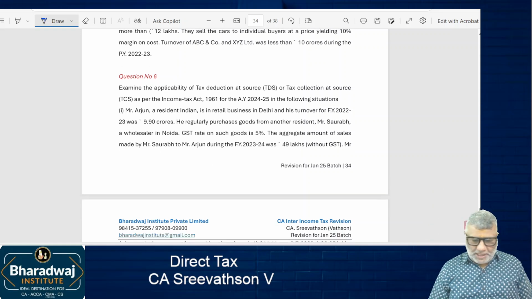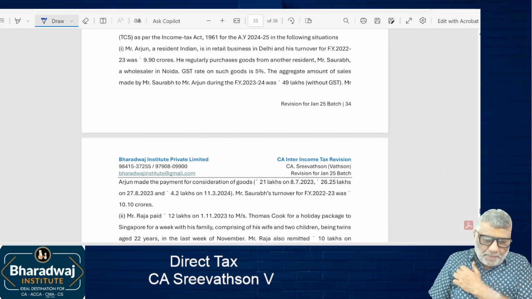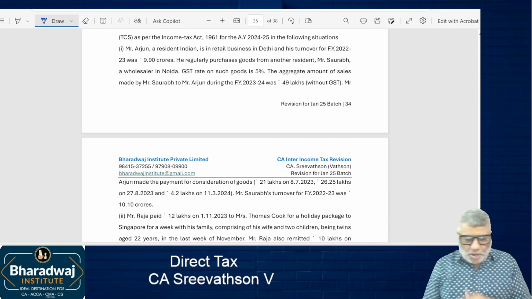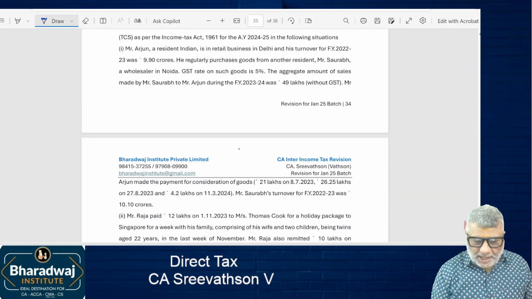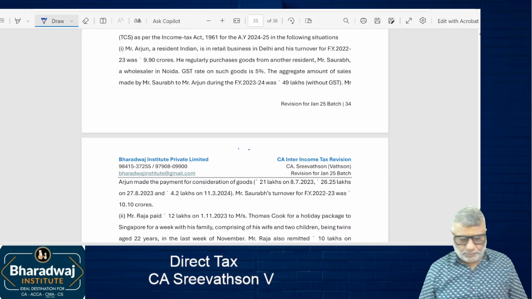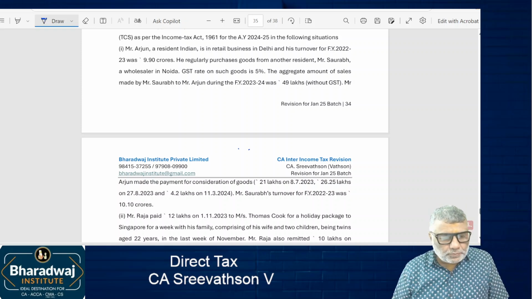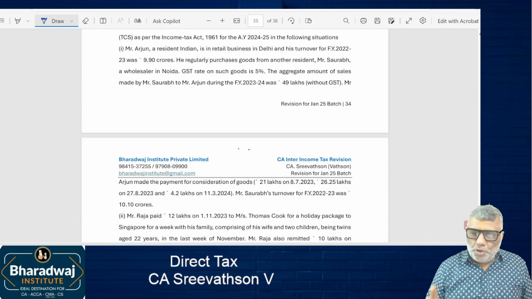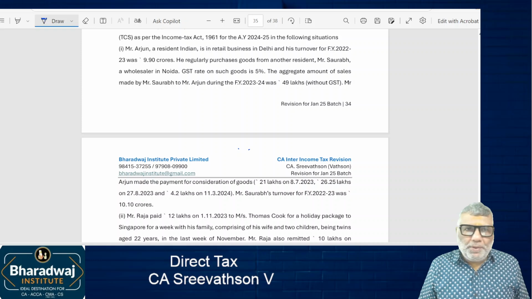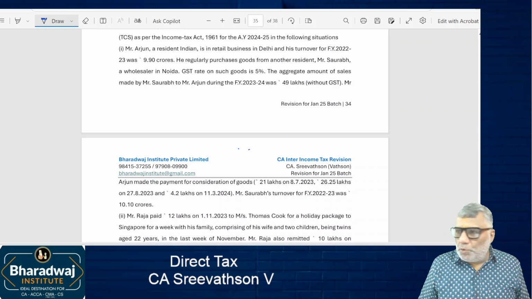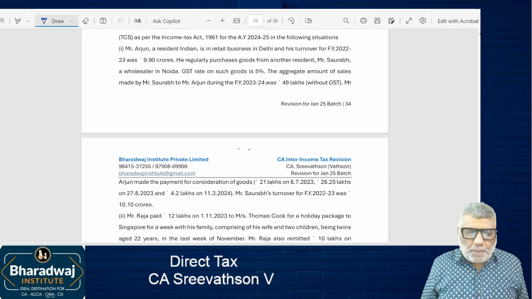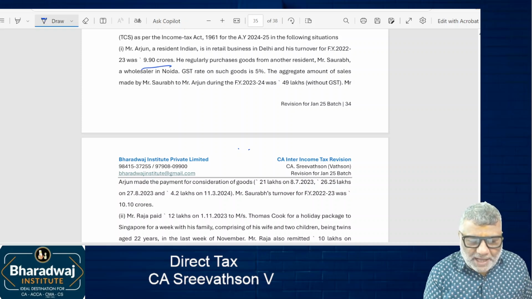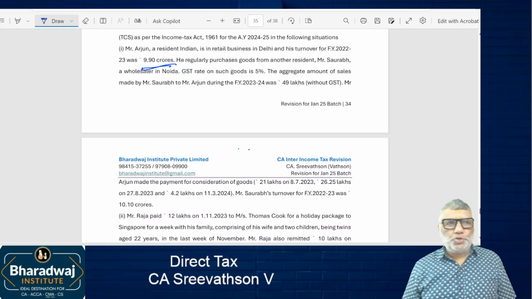For GST, no TDS. Mr. Arjun made the payment for consideration of goods. Mr. Saurabh's turnover was 10.10 crores. So no TDS, no TCS. He regularly purchases goods, so the seller happens to be Saurabh. For Arjun, 194Q is not applicable because his turnover has not exceeded 10 crores.